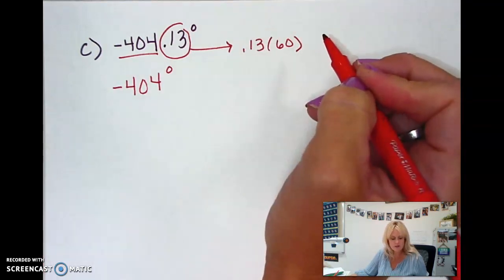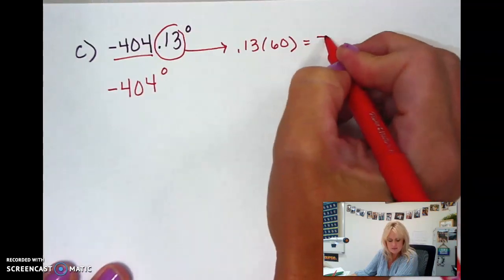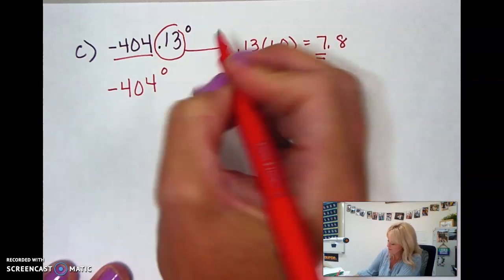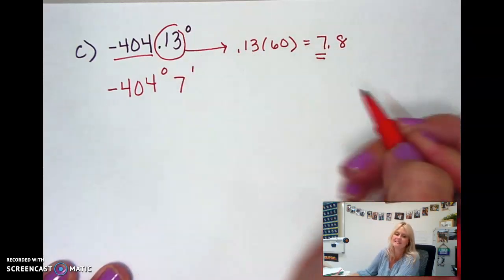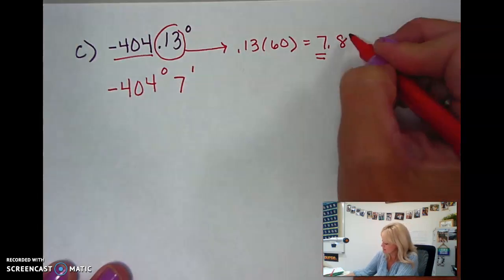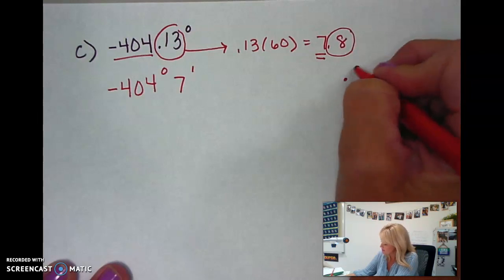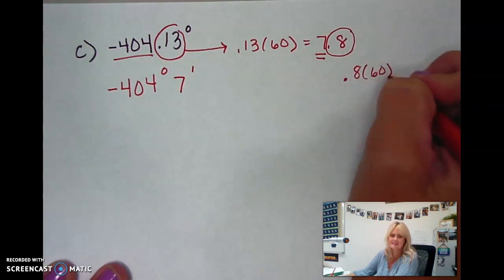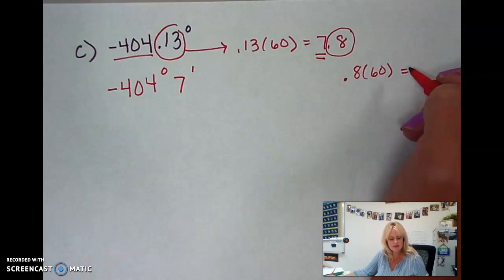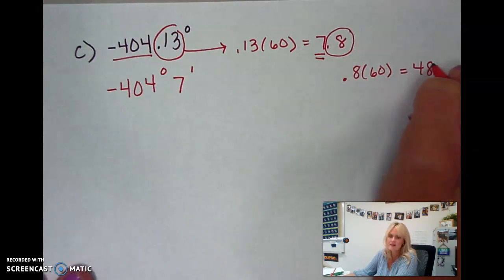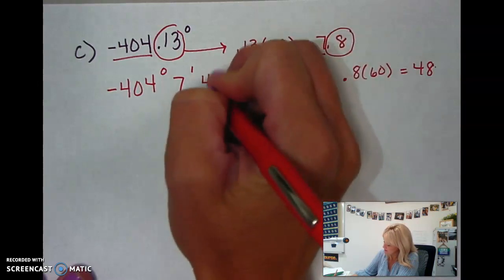And when I take 0.13 times 60, I get 7.8. I'm going to take the whole number, and that is my minutes. Because I have a decimal, I'm going to keep going one more time, and I'm going to multiply 0.8 now by 60. And when I take 0.8 and multiply it by 60, I get 48. That now is my seconds.